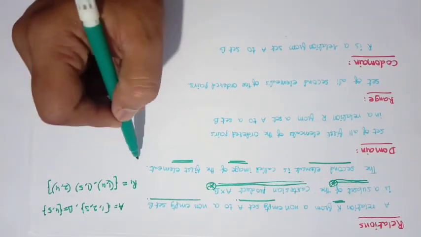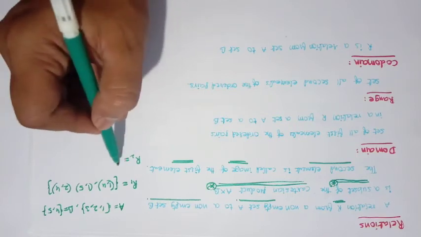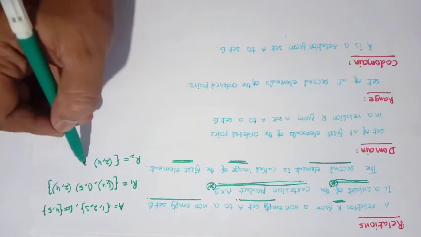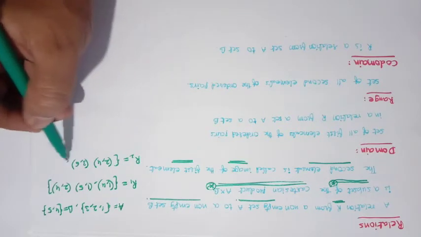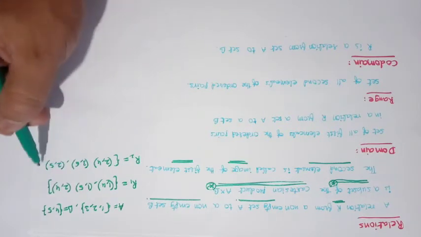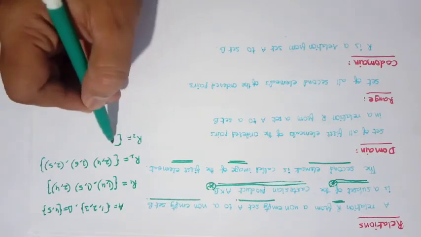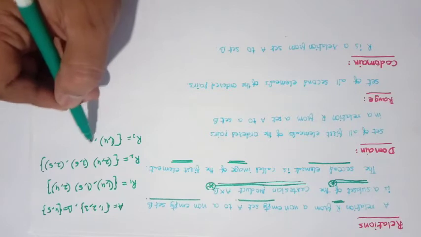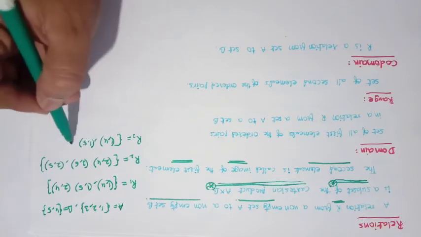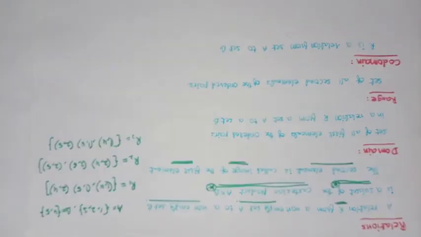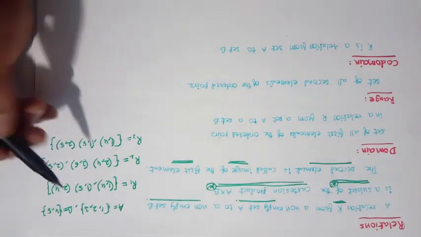Then R2 I'm considering the other one like {(2, 4), (3, 6), (2, 5)}. Consider R3 as {(1, 4), (1, 5), (2, 5)}.